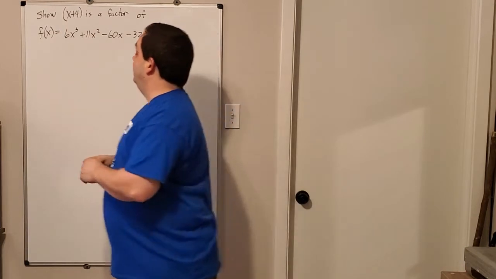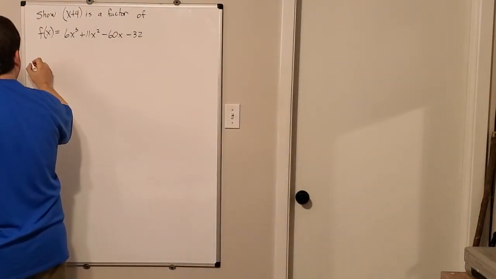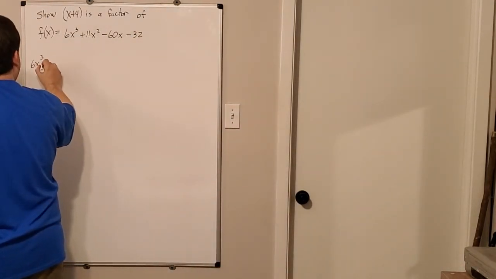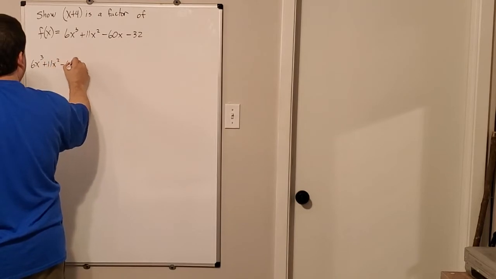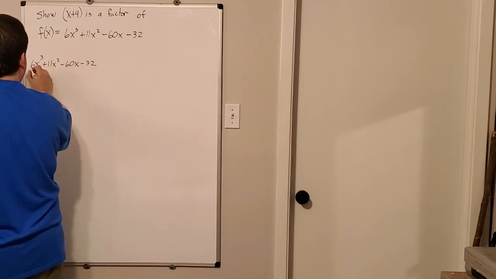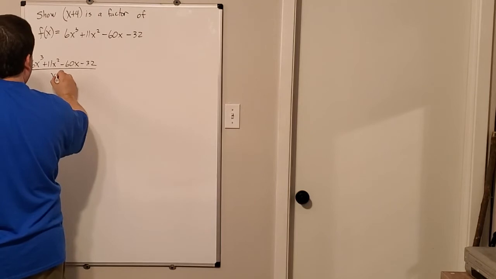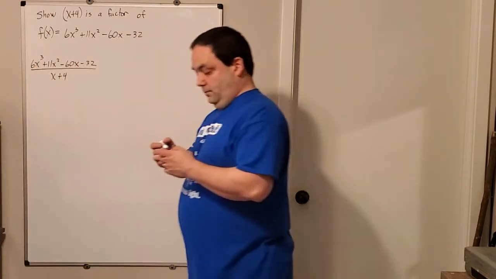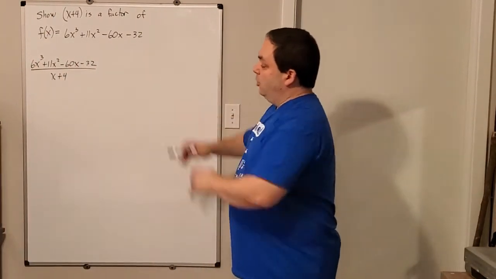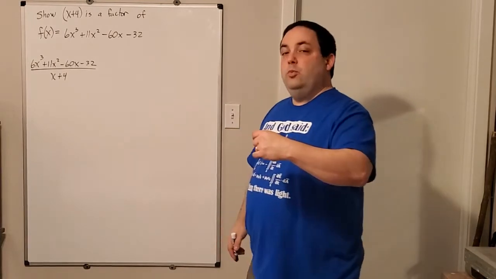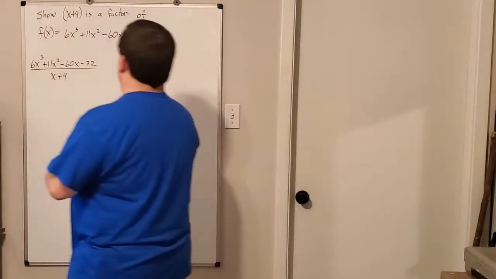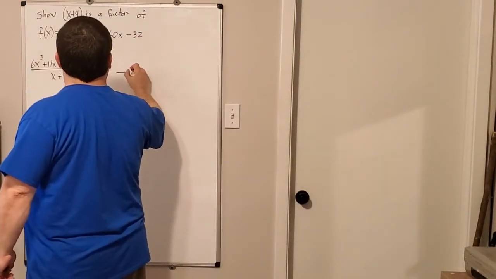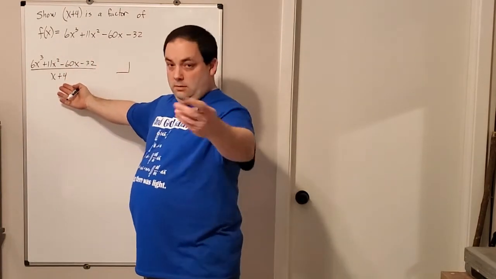I'm actually going to do 6x to the 3 plus 11x squared minus 60x minus 32 divided by x plus 4. I'm going to perform this division, but I'm going to do it with synthetic, of course. So what goes in the box? Negative 4.